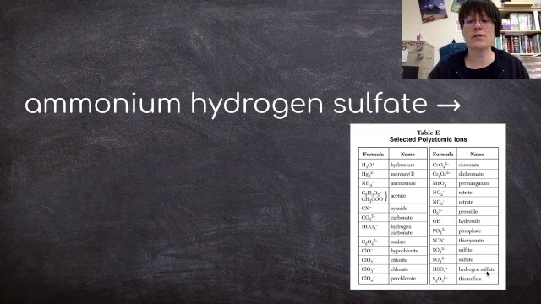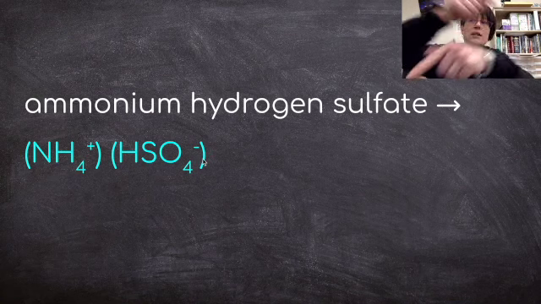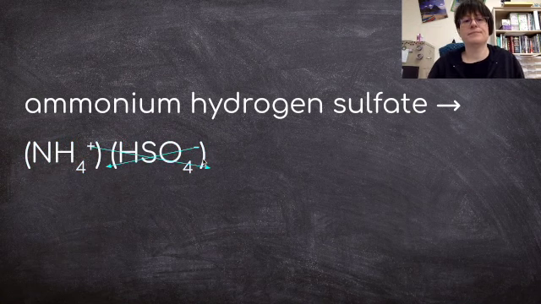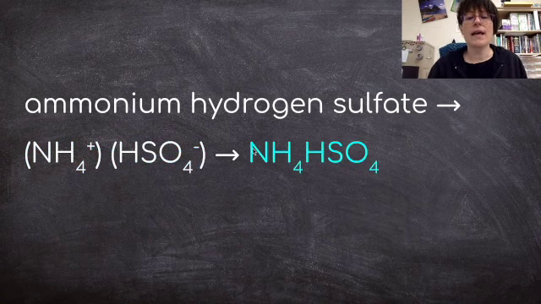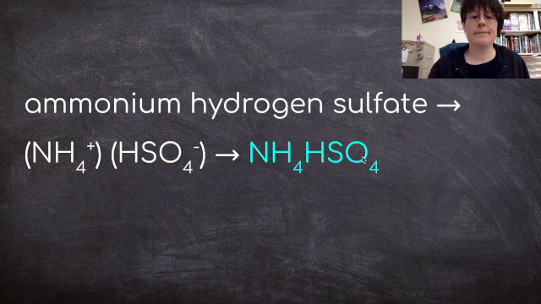So I write that also on my paper with parentheses. And I get this. So NH4 positive in parentheses, HSO4 negative in parentheses. I do my crisscross. And because the ones, we don't write them, it's just NH4HSO4 with no parentheses.